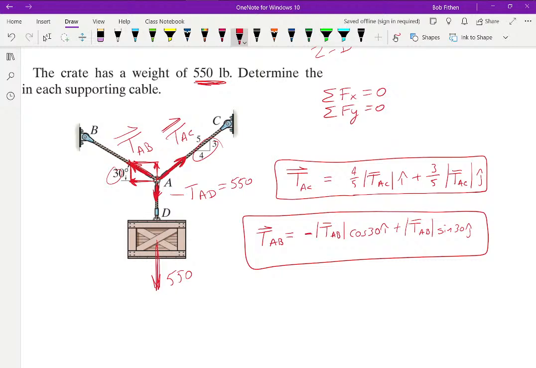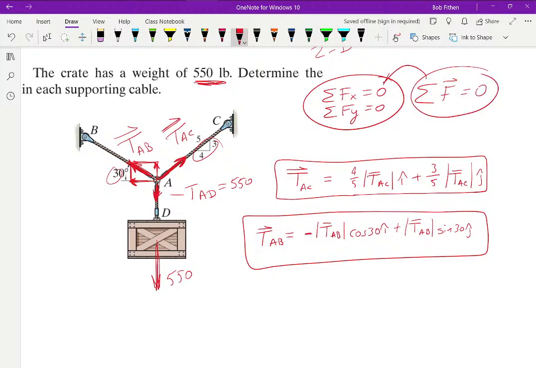The key here is this could be represented as a vector, and so technically, the equation here is the same as the equation here, except over here it's a little bit more general. The reason I say that will become apparent in a minute.